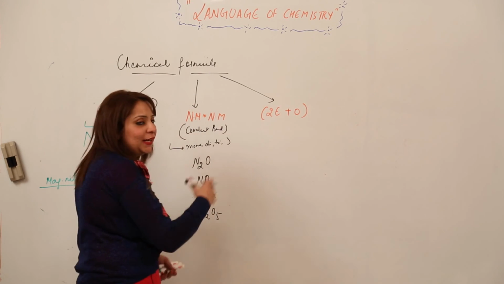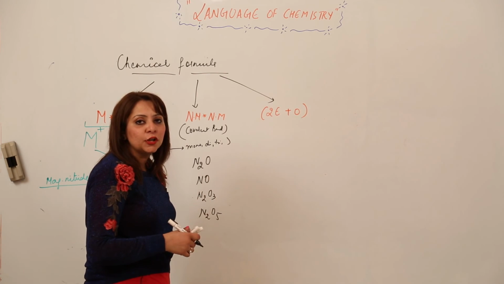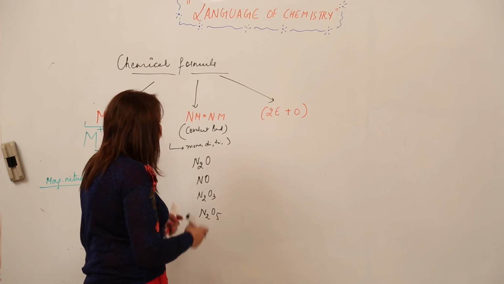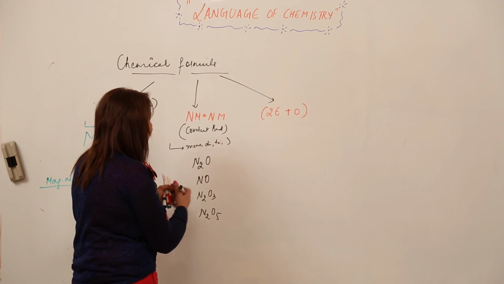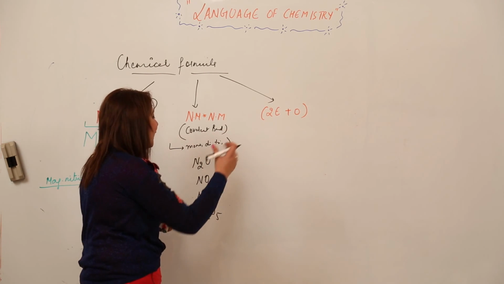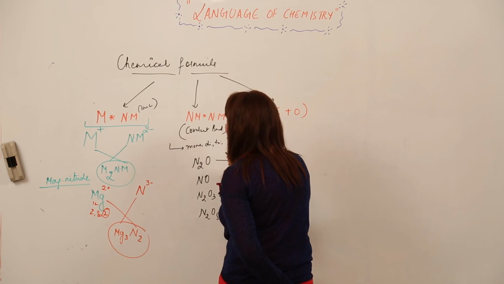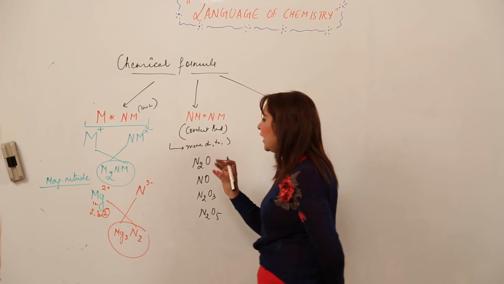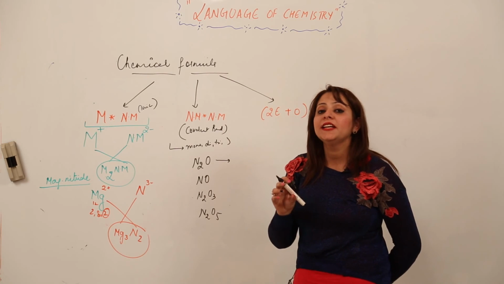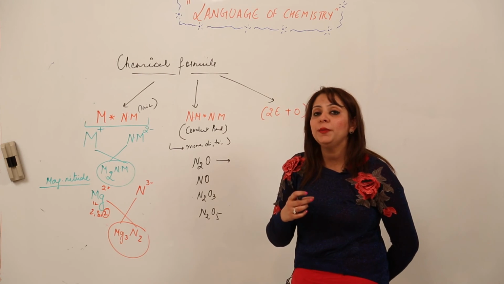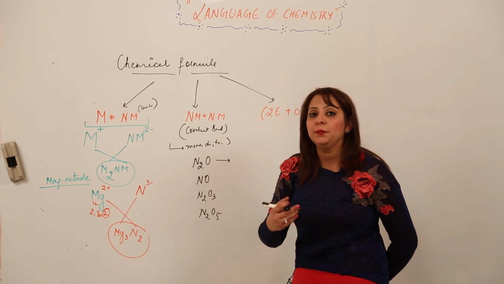So there are many nitrogen and oxygen compounds, because nitrogen shows variable valency. The basic thing I need to tell you is where this mono, di, tri is used. It is used as a prefix. That means they will be written at the start of the name, right.